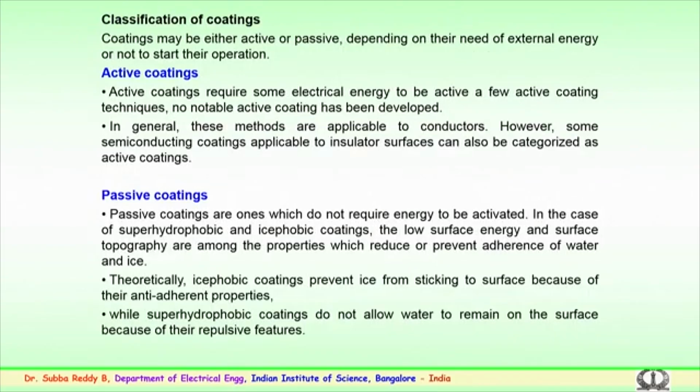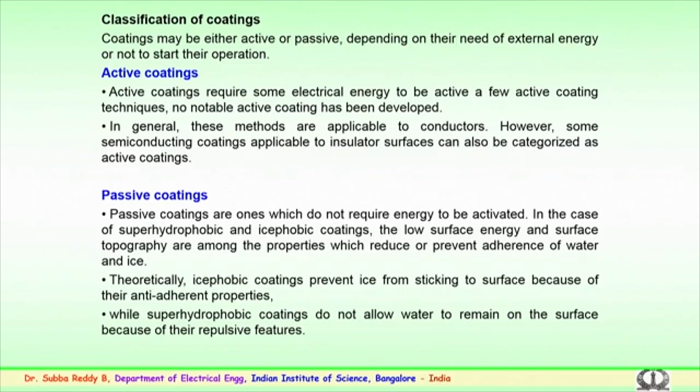So, we go to the coatings, the importance of coatings or the classification of coatings. The coatings which are being developed and used, as mentioned earlier, could be active or passive depending upon their need of external energy to start their operation. So, what are these active coatings? They require some basic electrical energy to be active.